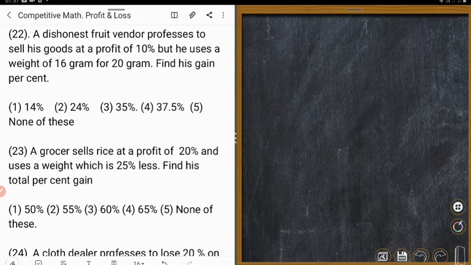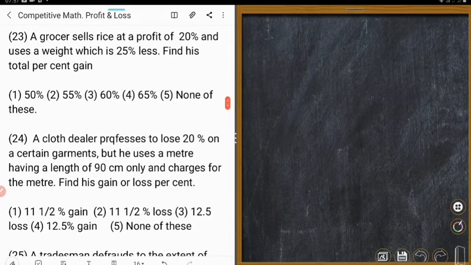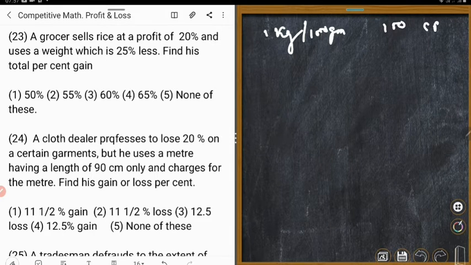Next one is a grocer seller. A grocer sells rice at a profit of 20% and uses weight which is 25% less. Find his total percentage. Could you understand? So 20% profit. Suppose 1 kg is equal to 1 kg. 1 kg means how many? 1000 gram is equal to 100 CP.